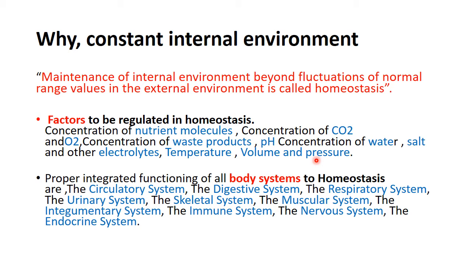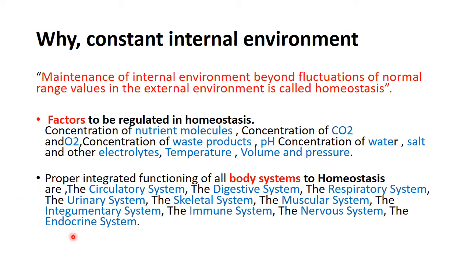Now, what are the systems which regulate it? They are the circulatory system, digestive system, respiratory system, urinary system, skeletal system, muscular system, integumentary system, immune system, nervous system, and endocrine system.